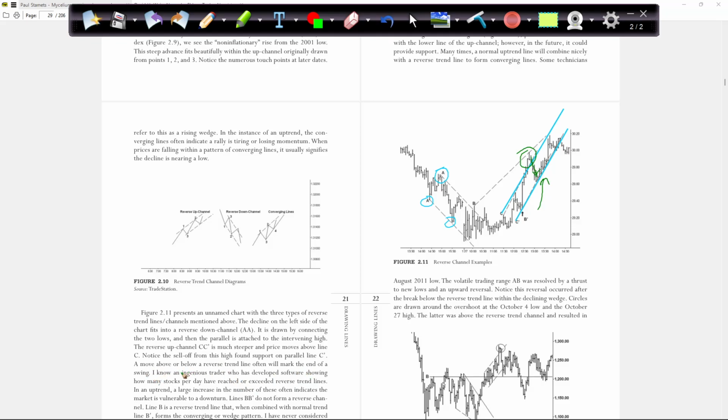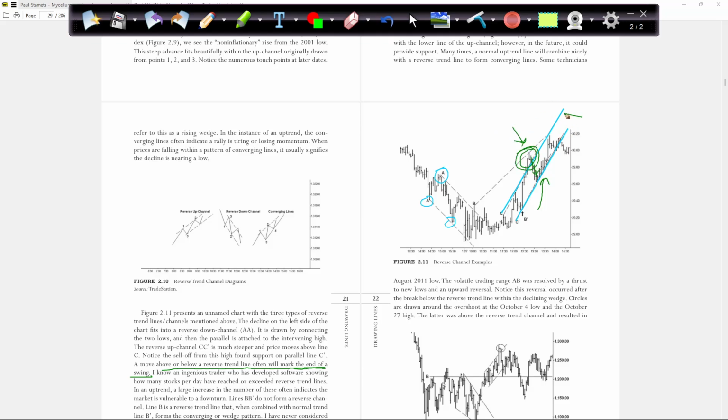A move above or below a reverse trend line often will mark the end of a swing. This is very important: a move above or below a reverse trend line often will mark the end of a swing. So the move is happening above here.